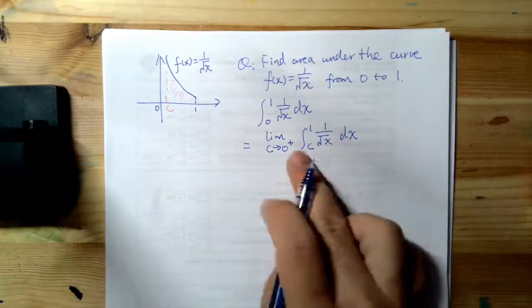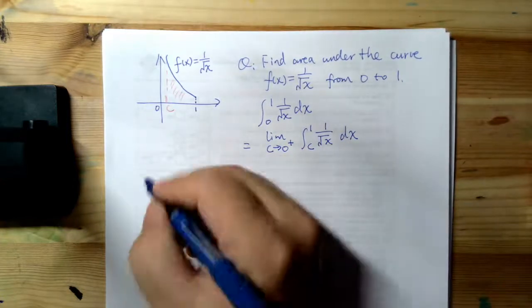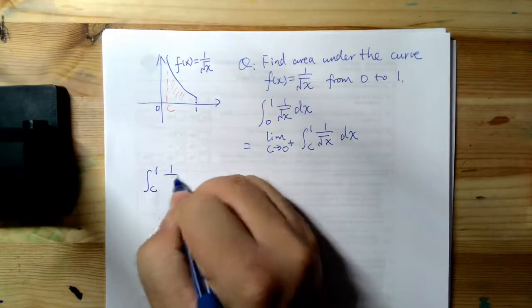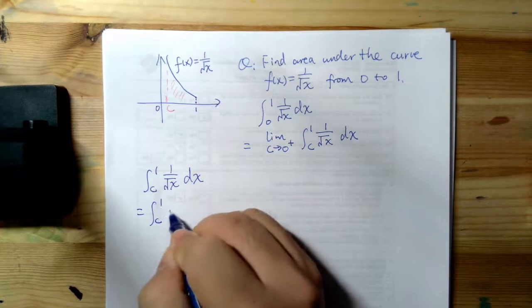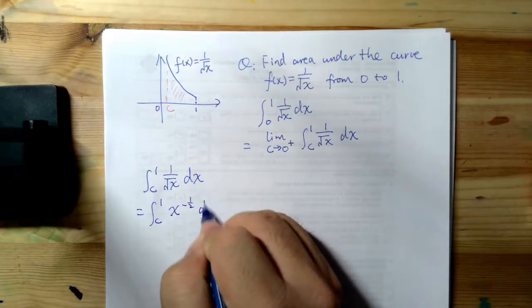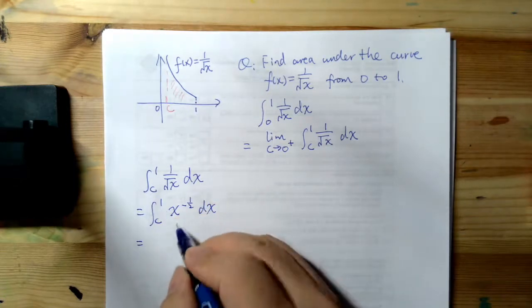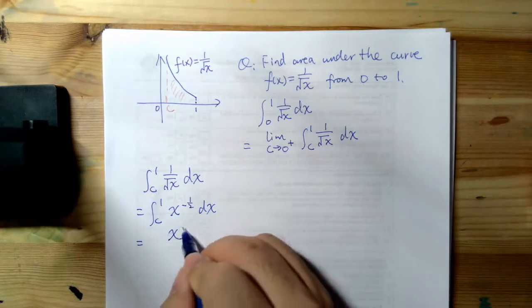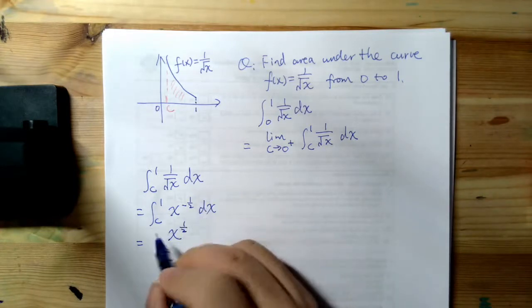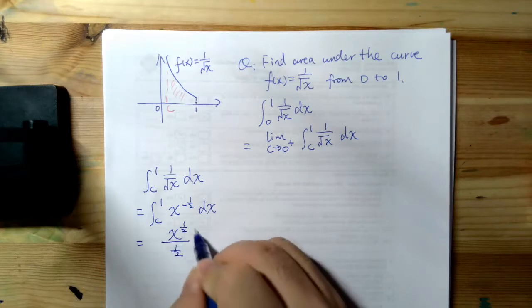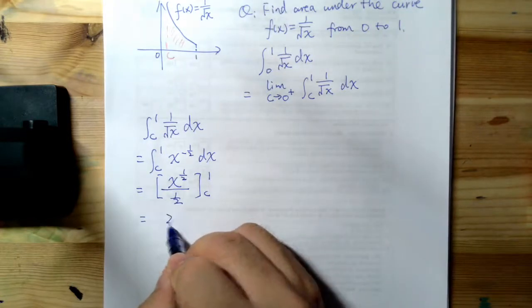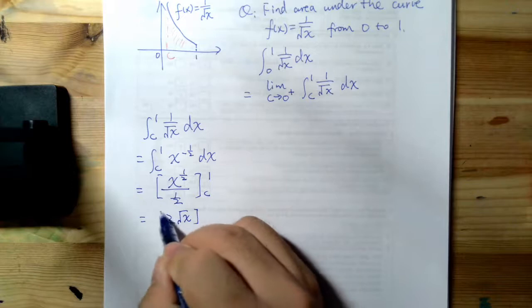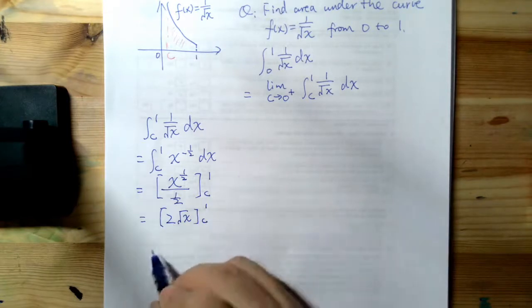So let's calculate this definite integral first. The integral from c to 1 of 1 over square root of x dx is the integral from c to 1 of x to the power negative one half dx. The antiderivative is x to the one half over one half, evaluated from c to 1, which is 2 square root of x evaluated between c and 1.